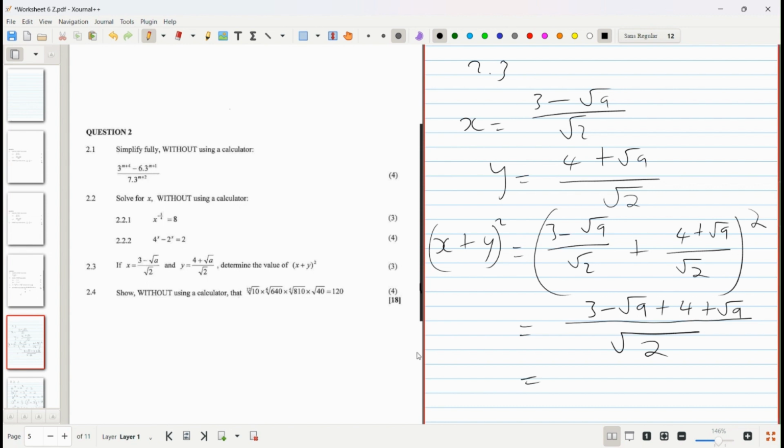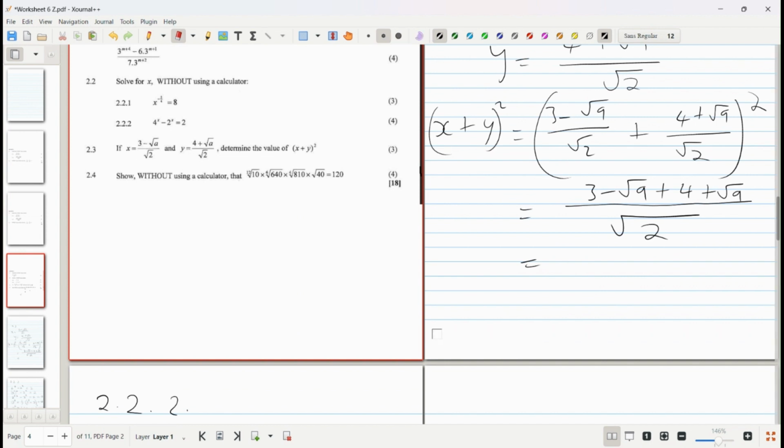Okay, and then solving this, we can see we have a negative square root of a and then square root of a. They will cancel each other. We have 3 plus 4, which is 7. So we have 7 divided by square root of 2.